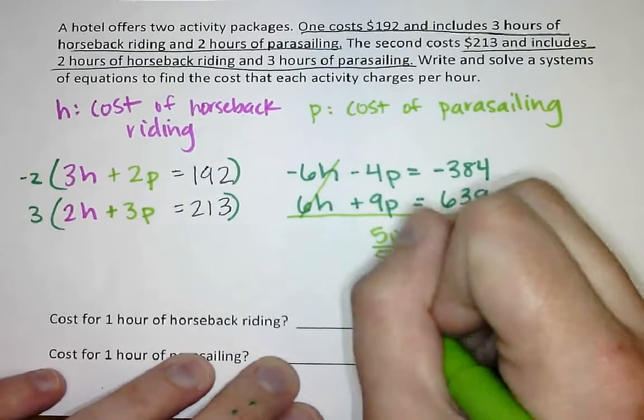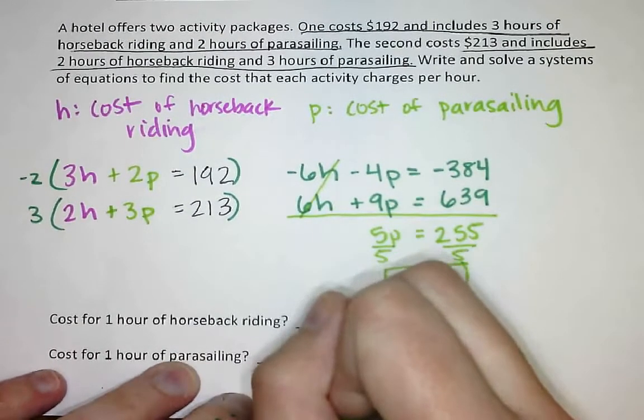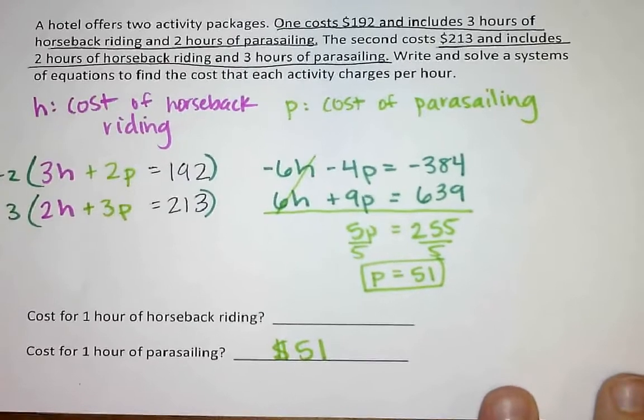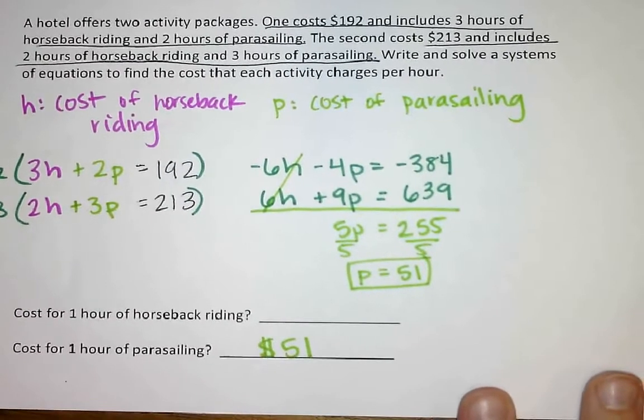Not exactly sure why they charge 51. Don't know what that extra dollar is for, but cool. All right, yeah, it's the emotional cost there. 50 plus $1. All right. So now that we know our cost of parasailing, what are we going to do to find the cost of horseback riding? Plug it in. So we'll go here. Does it matter which equation we pick?